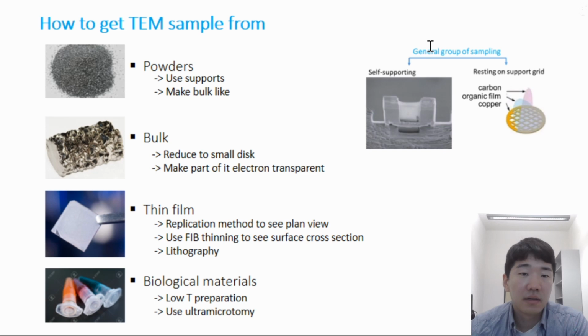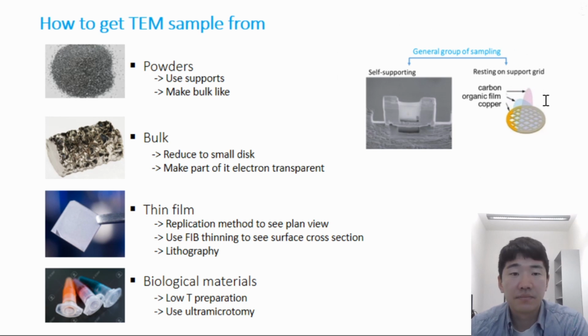There can be many kinds of original materials for your TEM observation: powder, bulk, thin film, biological materials, and so on. So our approach for TEM preparation would differ and depend on the properties and geometry of the original materials.